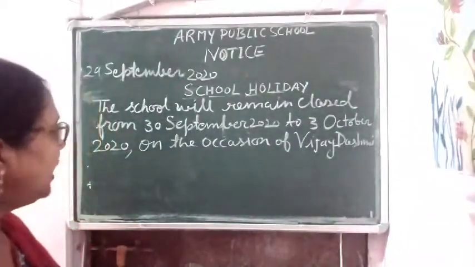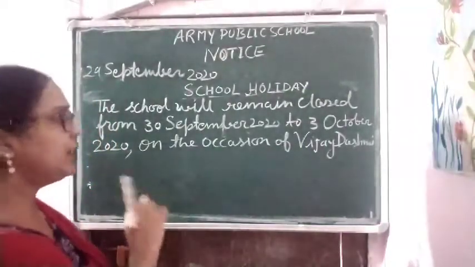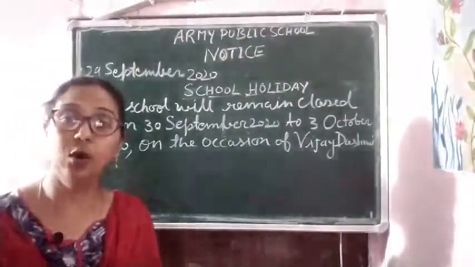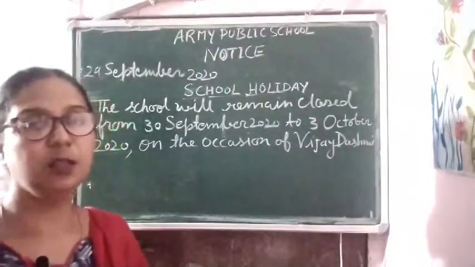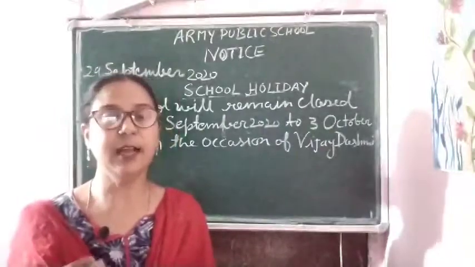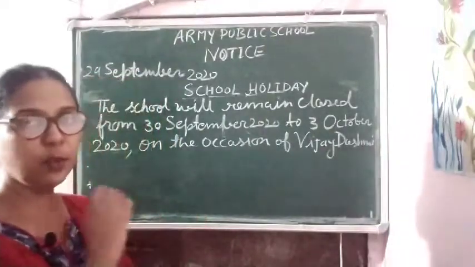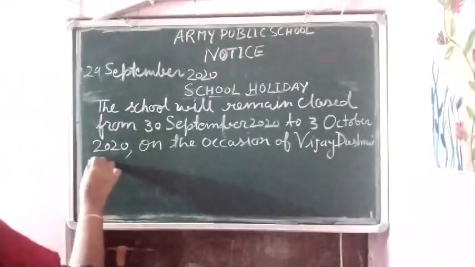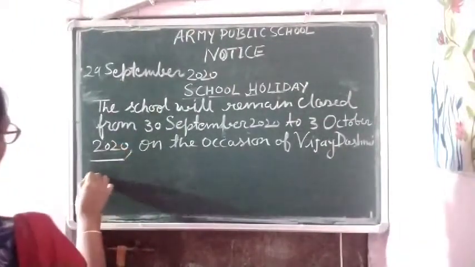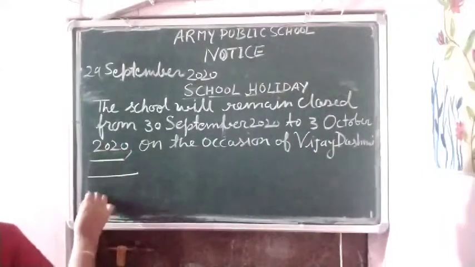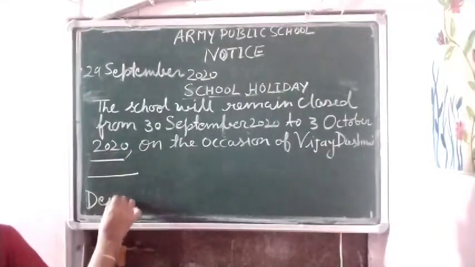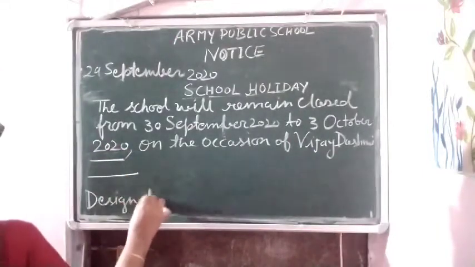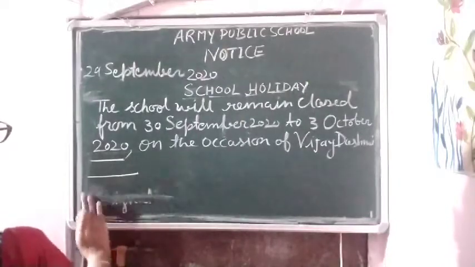In this content you can see the date is mentioned and the occasion on which the school has been closed. And now what is left? That is signature, name and designation. The designation is principal.